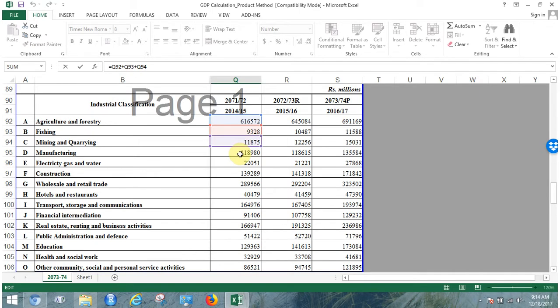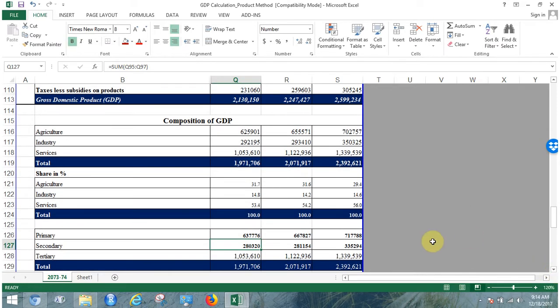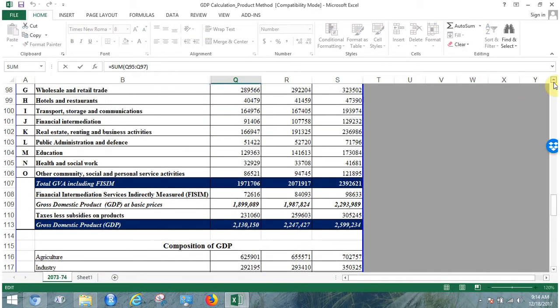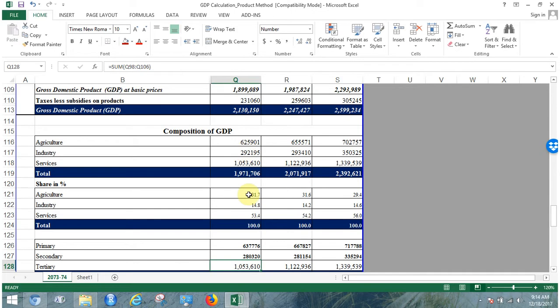So the value added by the primary sector is the sum of agriculture and forestry, fishing, and mining and quarrying. In the secondary sector, the three subsectors of the industrial sector are included. Those are manufacturing, electricity, gas and water, and construction. And the whole service sector is included in the tertiary sector.